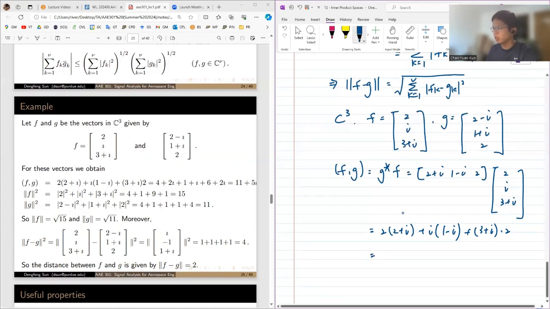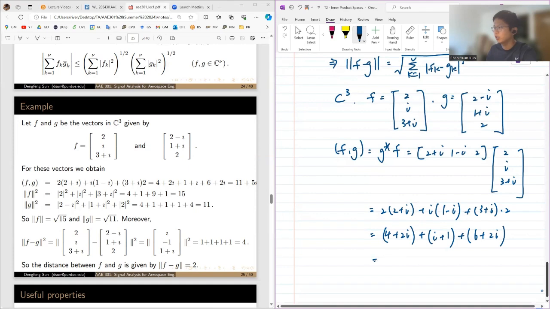Now let's expand this. We get 4 plus 2i plus i plus 1 plus 6 plus 2i. Now we sum up the real parts, we get 11, and sum up the imaginary parts, 2 plus 1 plus 2, that's 5. So that's 11 plus 5i.